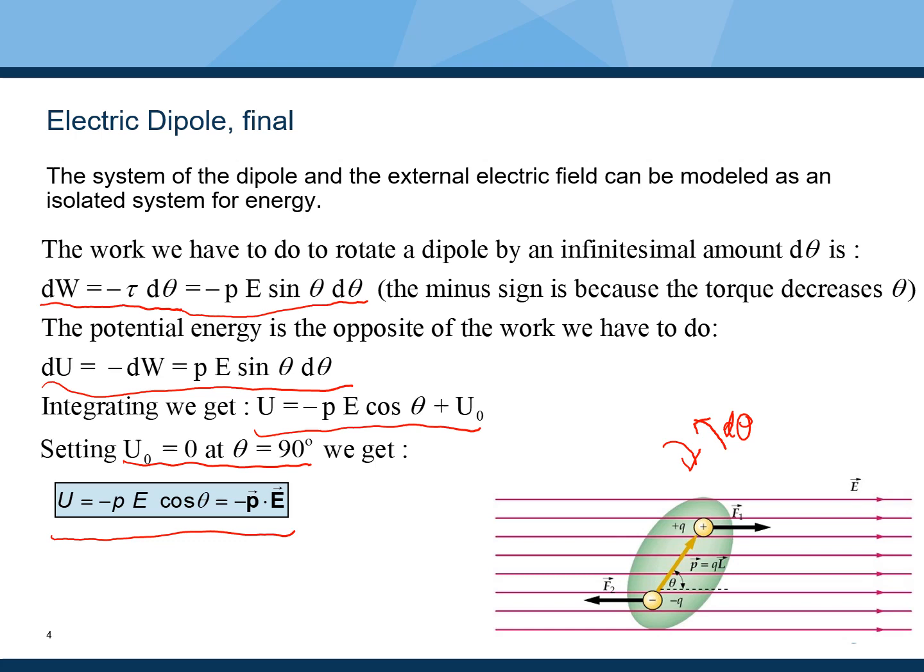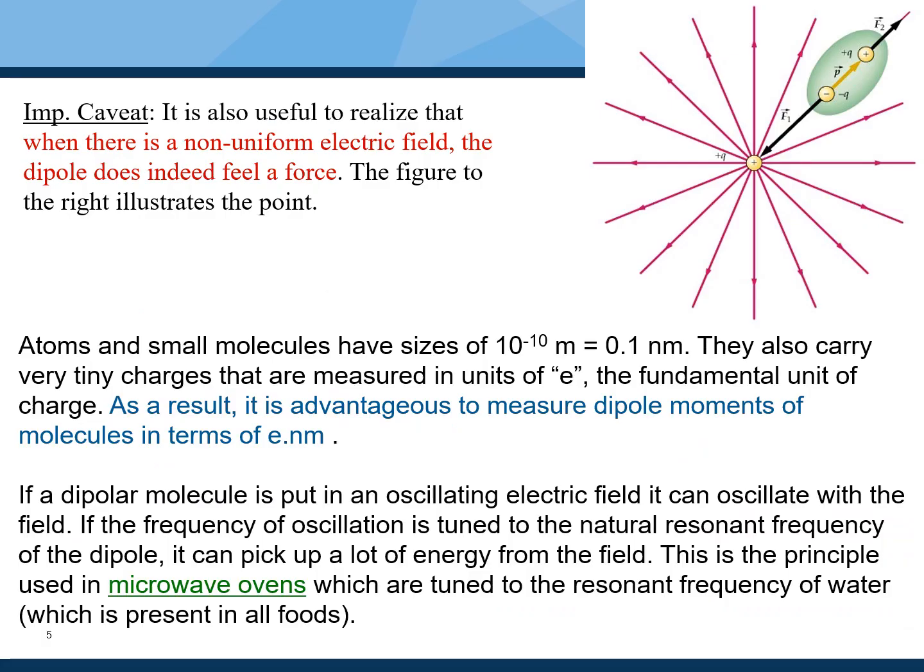What we're going to do is extend our knowledge by asking what happens if a dipole is placed in a non-uniform electric field. So in a non-uniform electric field, say you have a charge of plus Q out here, that charge produces a non-uniform electric field. The field is stronger at the location of the minus charge of the dipole and weaker at the location of the plus charge.